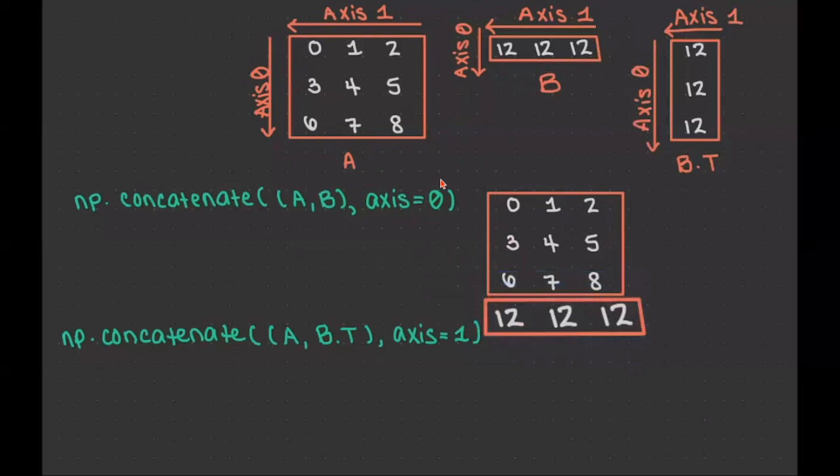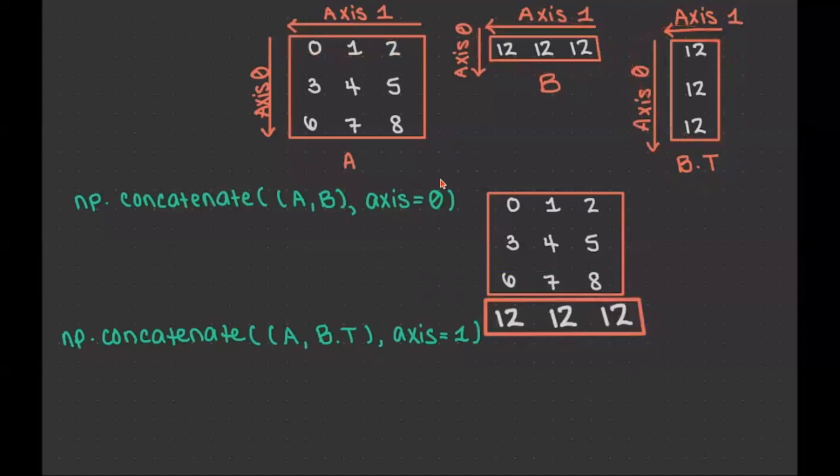Something like this. On the other hand, what if I wanted to add another column to A? As B stands, the dimensions don't quite make sense. If I wanted to use axis 1, so I'm increasing in this horizontal direction, I wouldn't really know where to put B. So what we can do is take the transpose. Transpose means swap rows and columns, so B goes from a 1 by 3 to a 3 by 1.